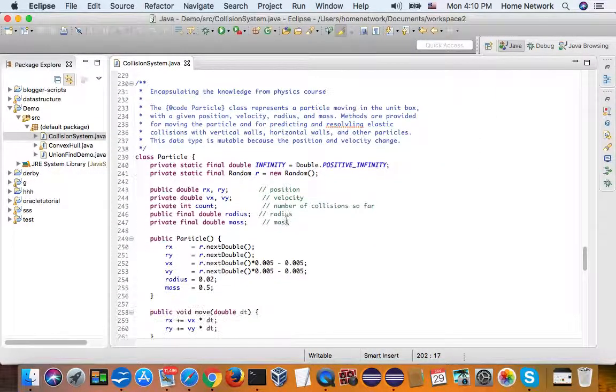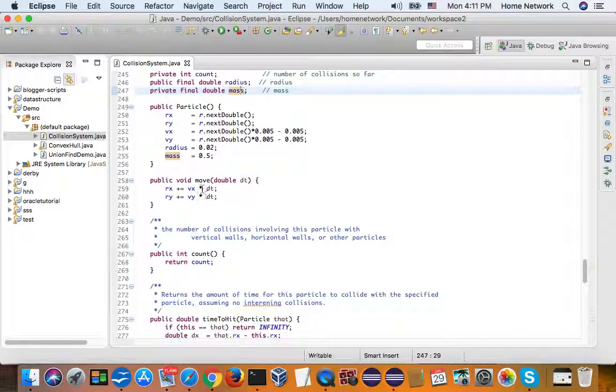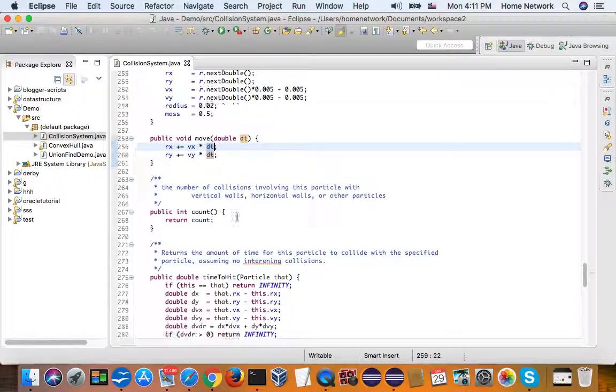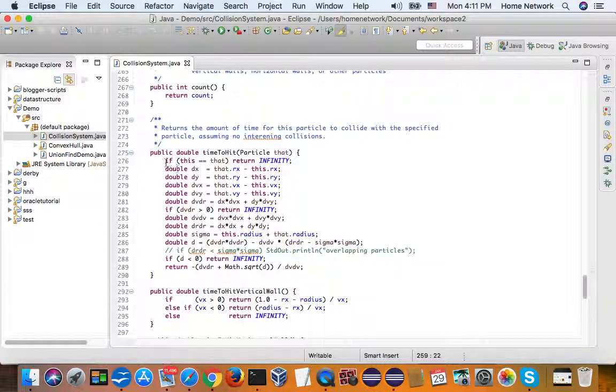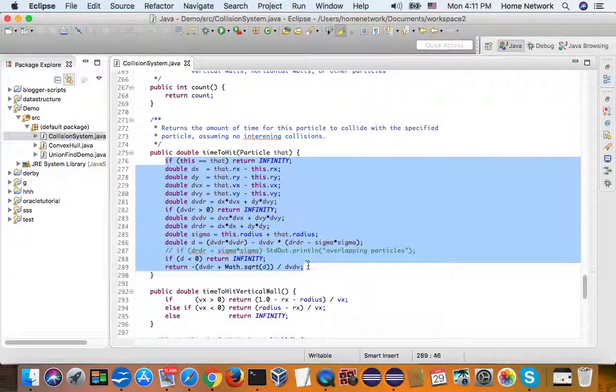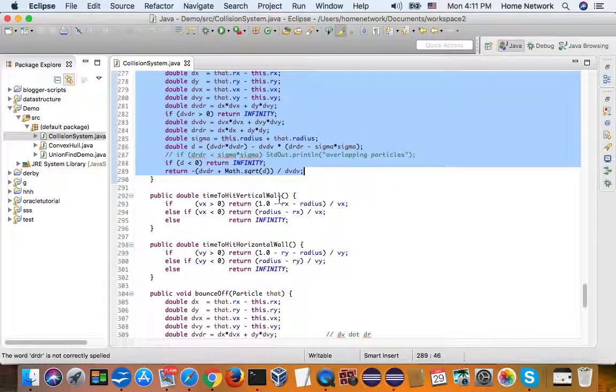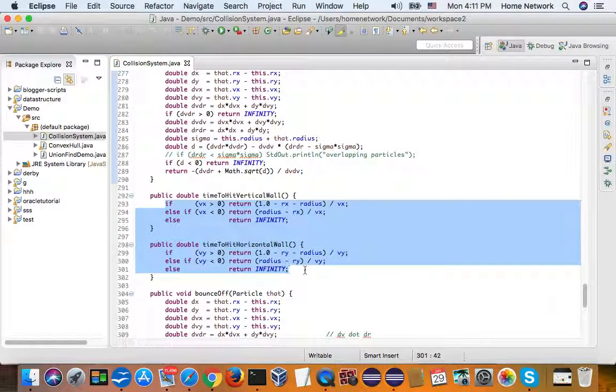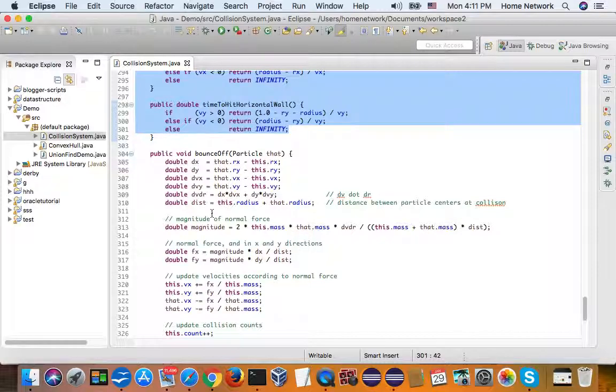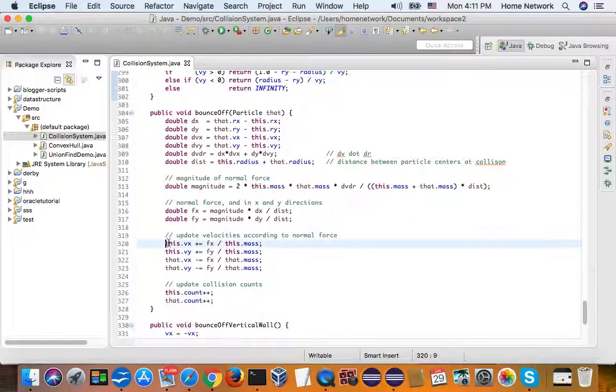And here is a particle from the physics course. A particle has a position, velocity, radius, and a mass. They can move during a time interval, and we can calculate when they will collide with the next particle or collide with the walls. When they are bouncing, they change their velocity.